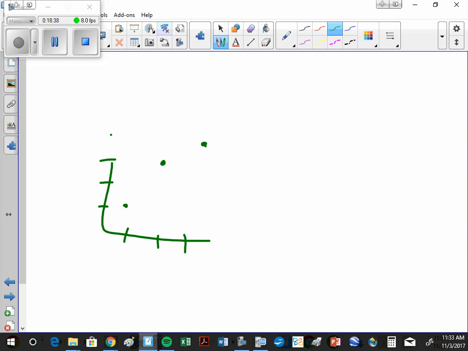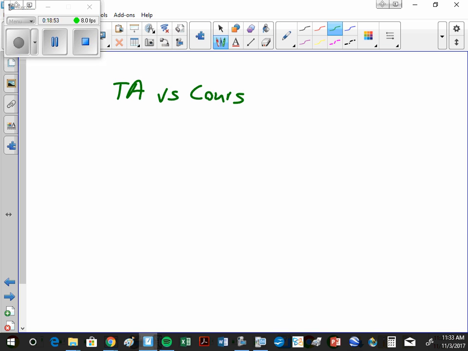So what did you get for your correlations? So the 3 graphs are TA versus course, TA versus final, and final versus course.